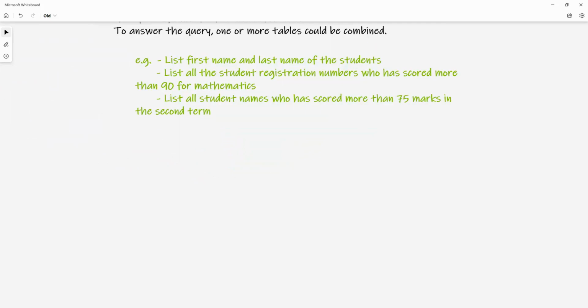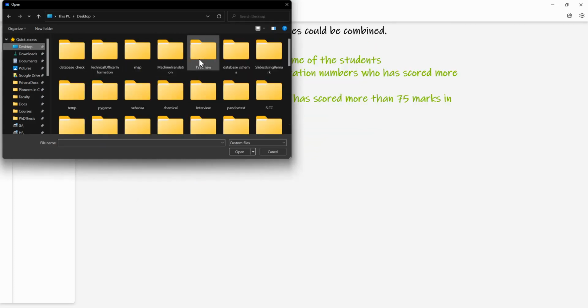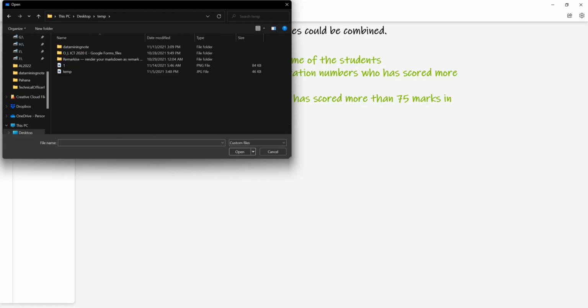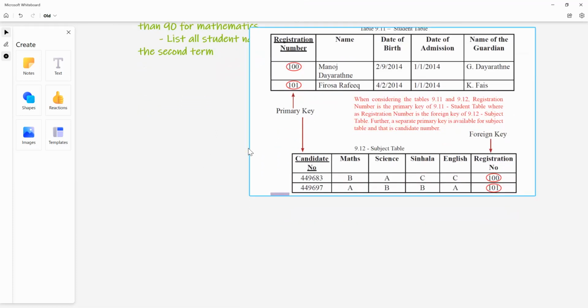Let me save them temporarily and check an image. Go to temp. Okay, wow. Now we are getting this.